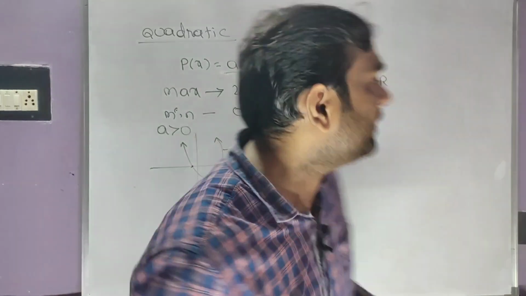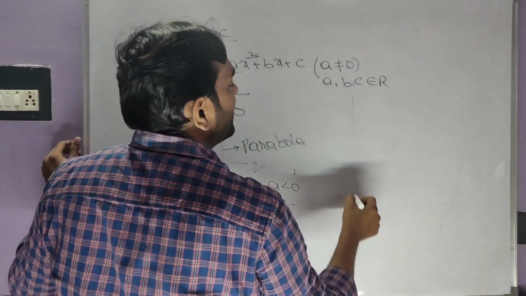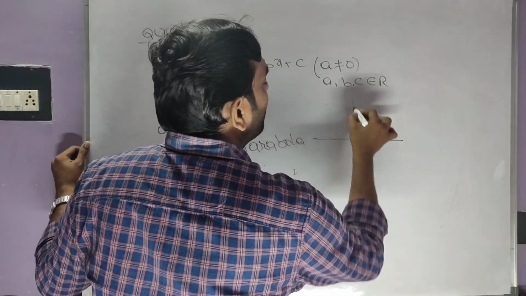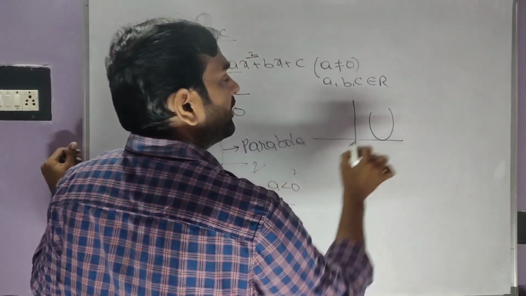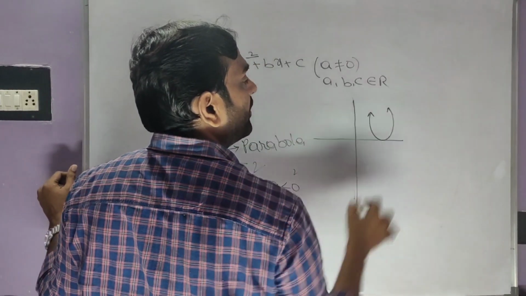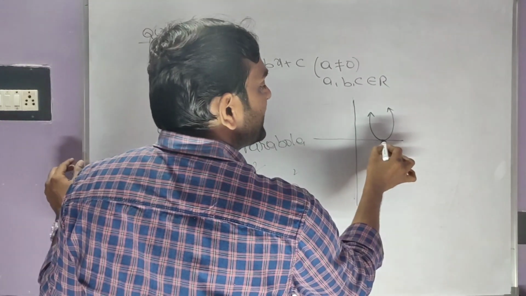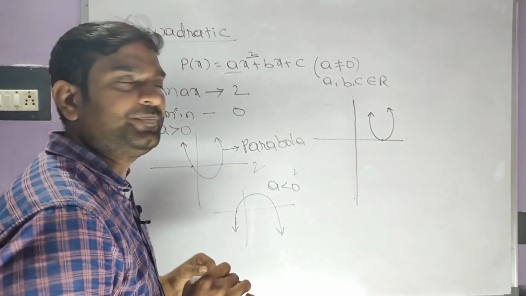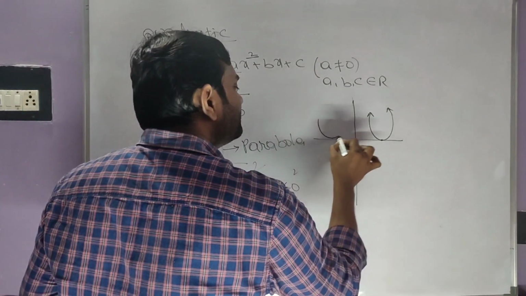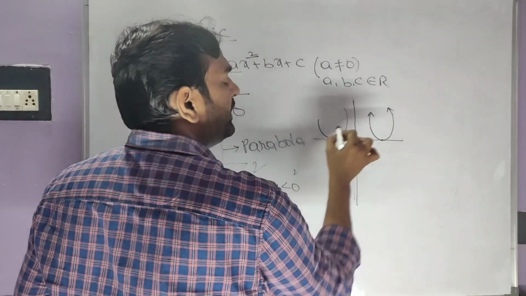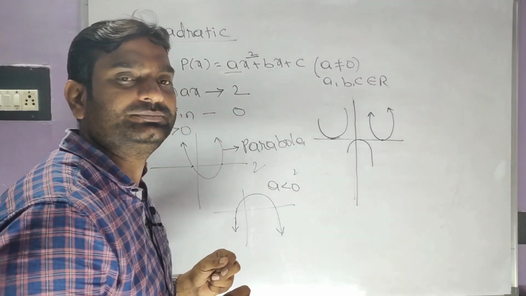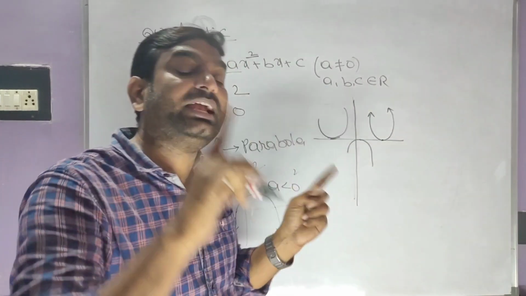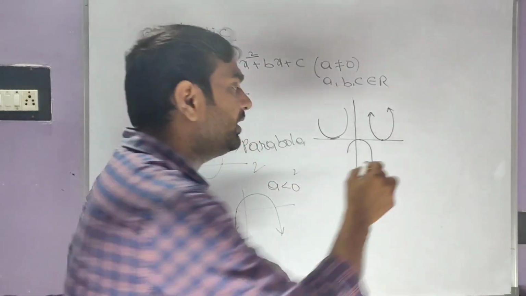If the curve touches the x-axis at only 1 point, like this, then the number of zeros is 1.